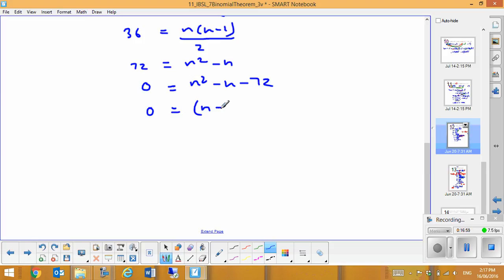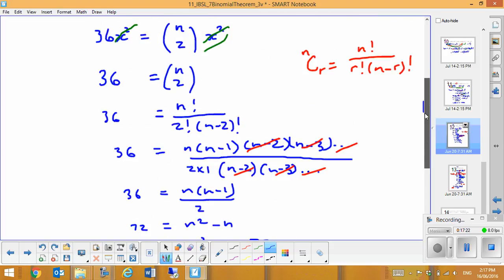So this factorizes as n minus 9, n plus 8. So n is equal to 9 or minus 8. We can't have minus 8. That doesn't work for this problem because we're doing powers of binomials. We're not doing negative powers. So we've now found out that n equals 9.